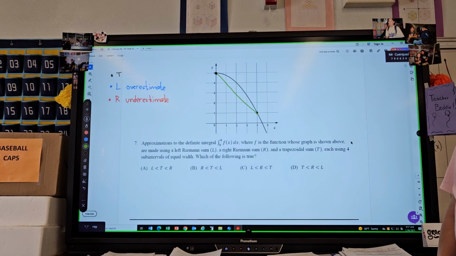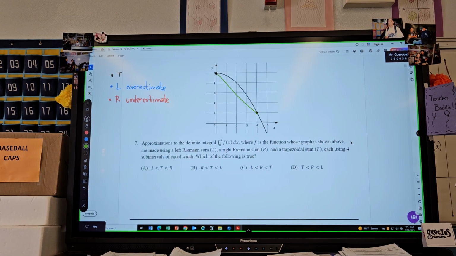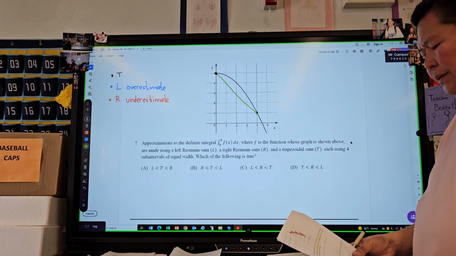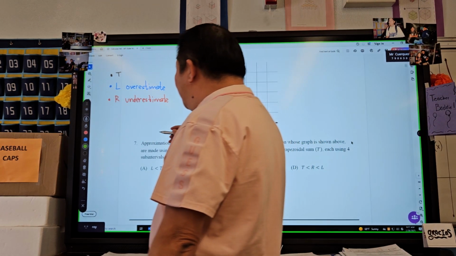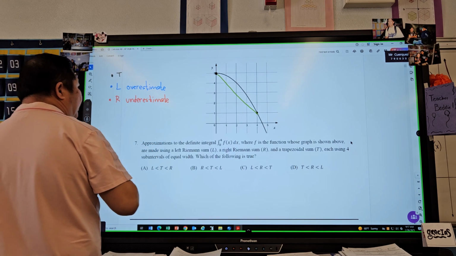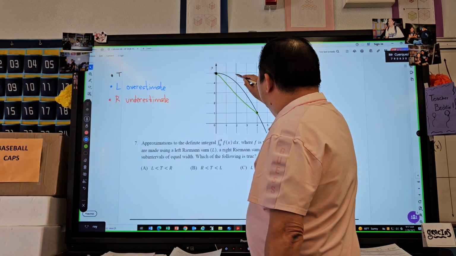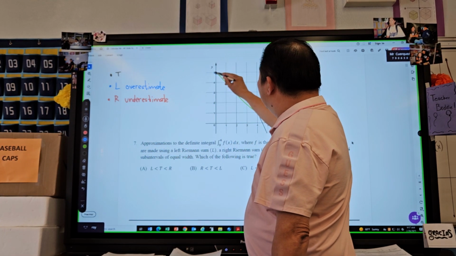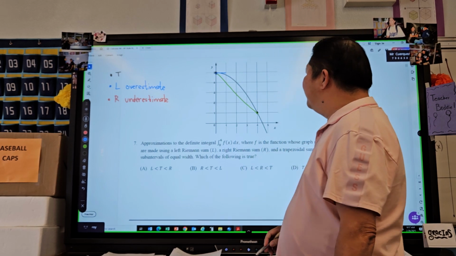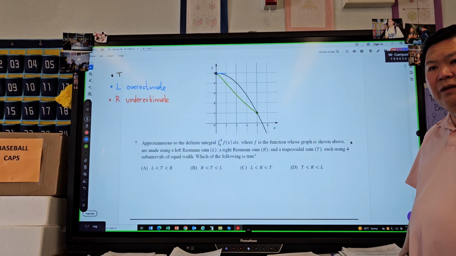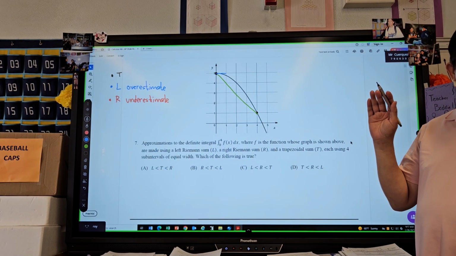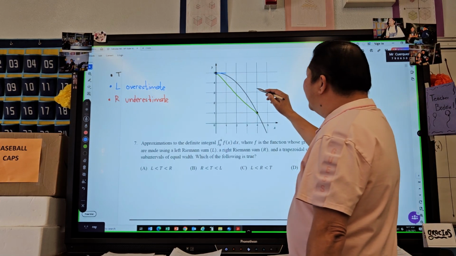Okay. So let us have the blue color left Riemann sum. Left going to right. Get me? Clear, guys? Clear? Okay.